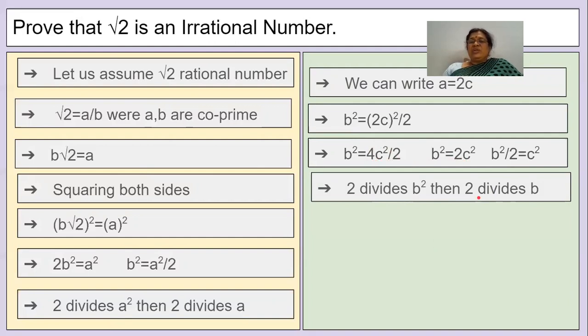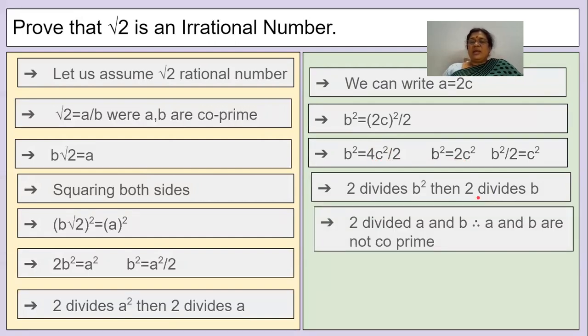So the 2 will divide a and b both. So when a number other than 1 divides both the numerator and denominator, you can say that the two numbers are not at all co-prime. We have arrived at this step because we have taken a wrong assumption.